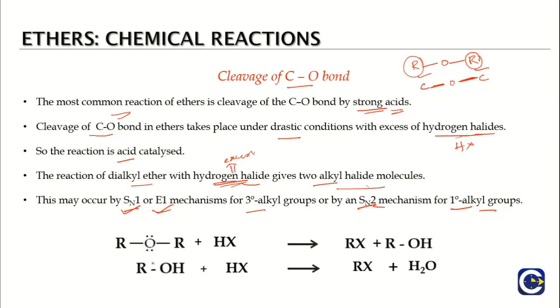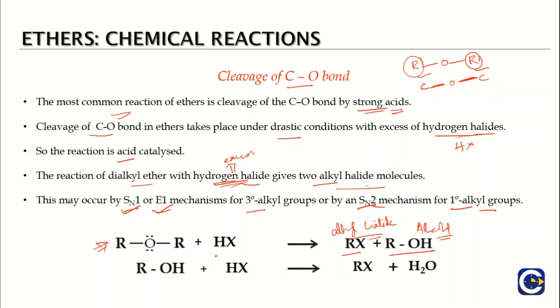So this is the common reaction that we are showing. In this reaction, an ether reacts with a hydrogen halide, and the products are the alkyl halide and the alcohol. These are the two products that we obtain.